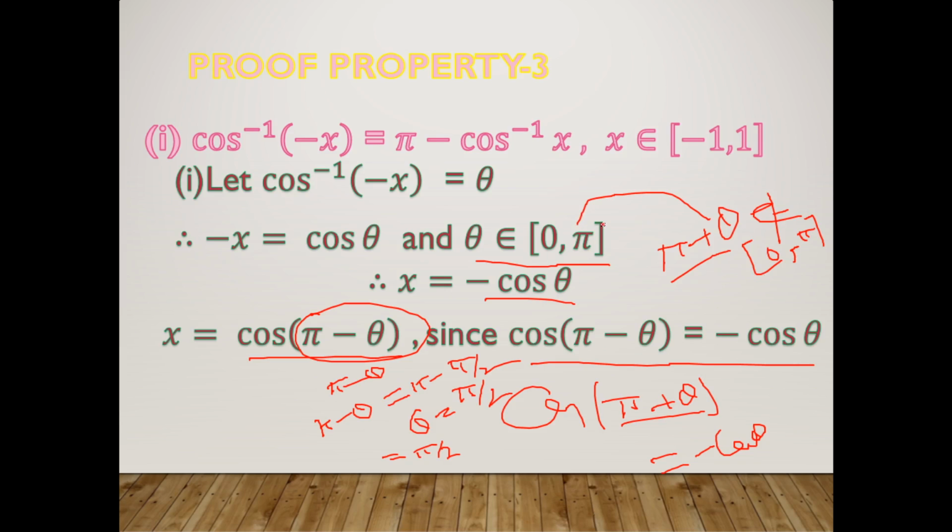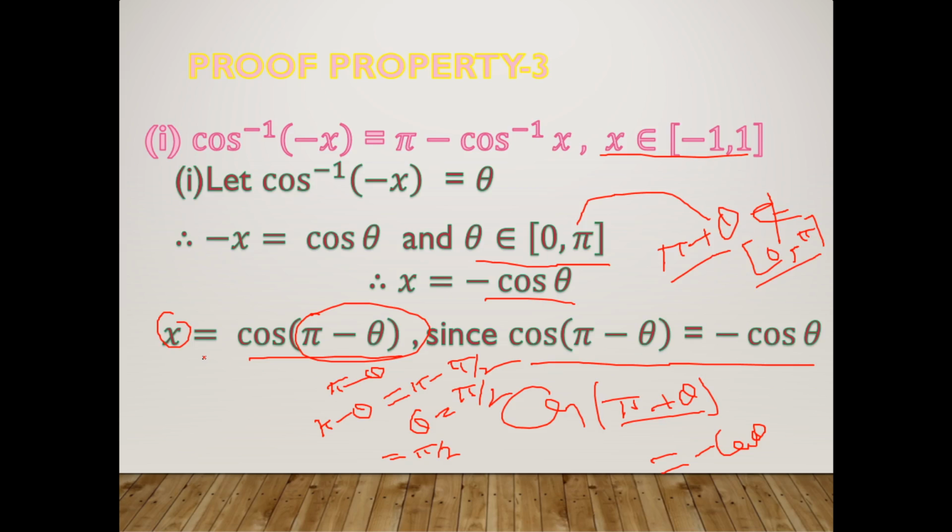That means for whatever values you take in the interval 0 to pi, pi minus theta also lies in the interval 0 to pi. This is the principal range of the cos inverse function. Since x is the domain of the cos inverse function, this angle must be in the principal range, so pi minus theta must lie in this closed interval, and we have shown that for all theta in 0 to pi, pi minus theta also lies in 0 to pi.